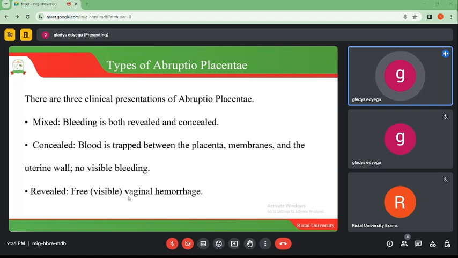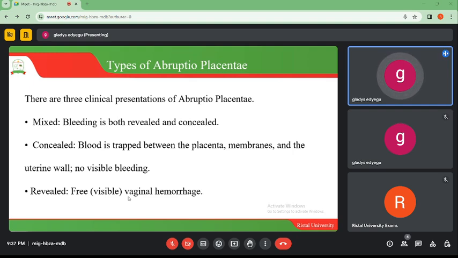But here we are talking about abruptio placenta. There are basically three clinical presentations of abruptio placenta. When they talk about the clinical presentations, we are looking at how this bleeding presents, and that is how we are able to identify the type of abruptio placenta. One of them is the mixed type, which tells us that bleeding is both revealed and concealed.